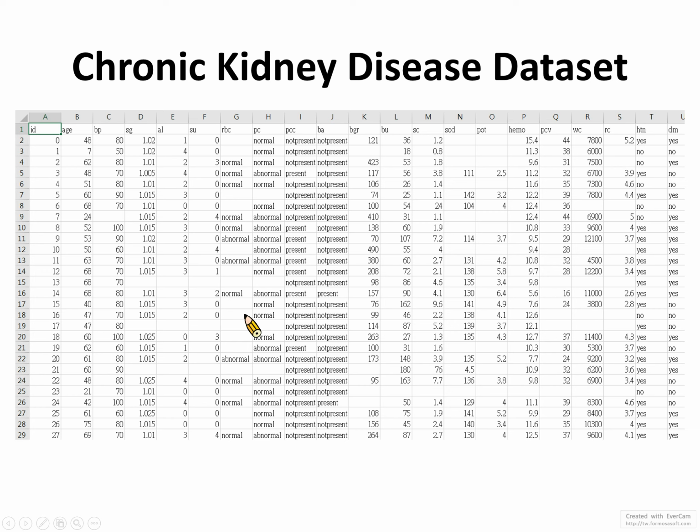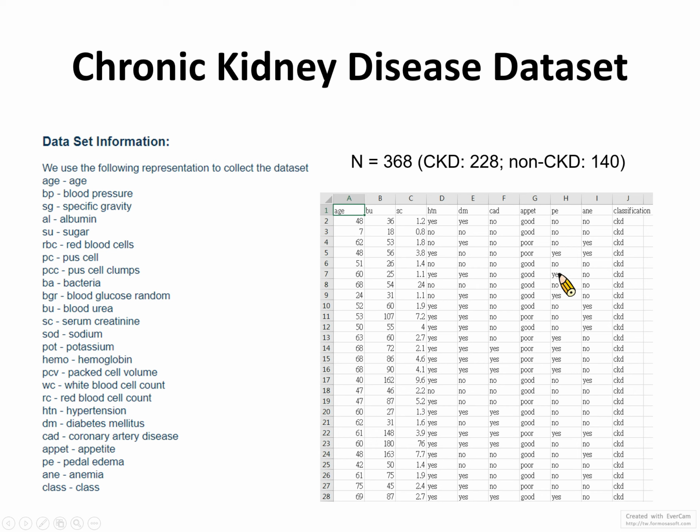It's not our focus to teach how to deal with missing values, although that is very important. To simplify our workshop, I just want to give you a complete and simplified data set. So I already picked some important variables from this chronic kidney disease data set, and also deleted those cases with missing values.